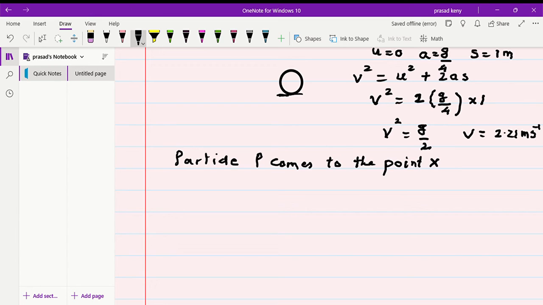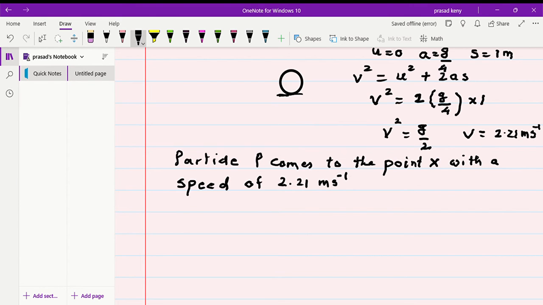With the speed of 2.21 meter per second.